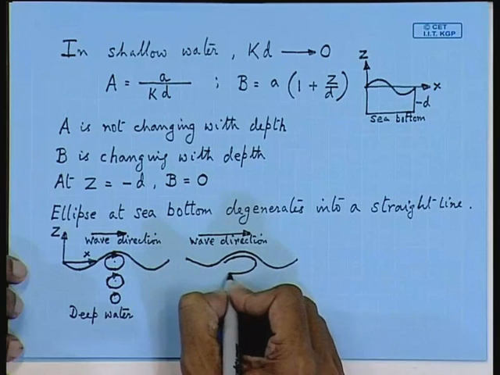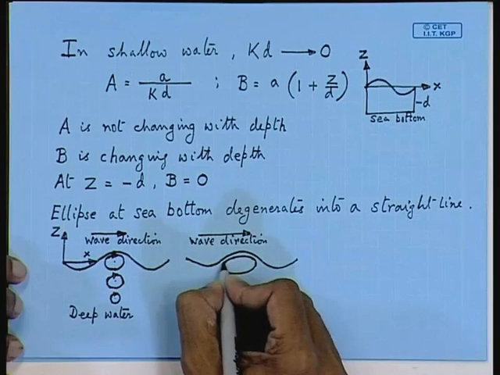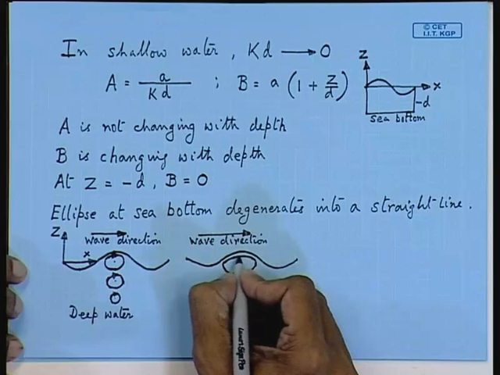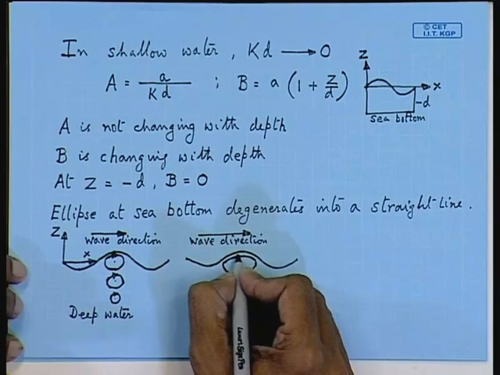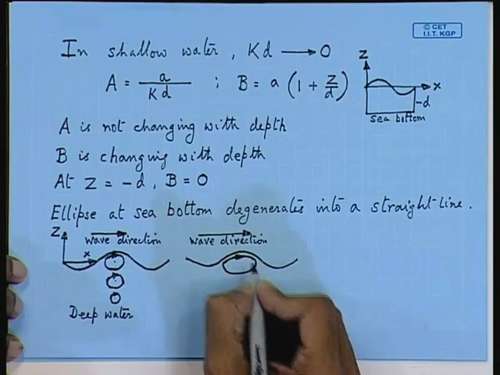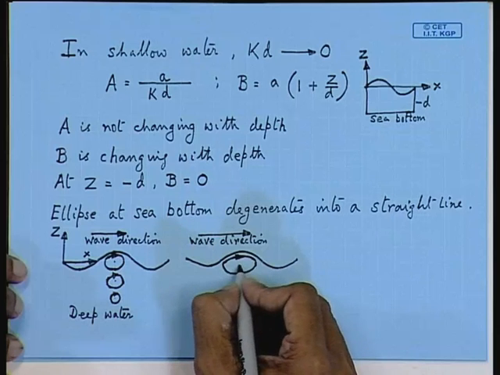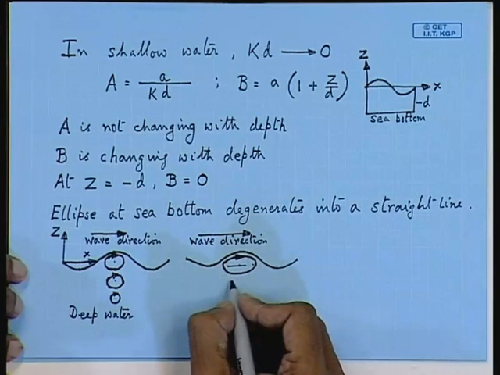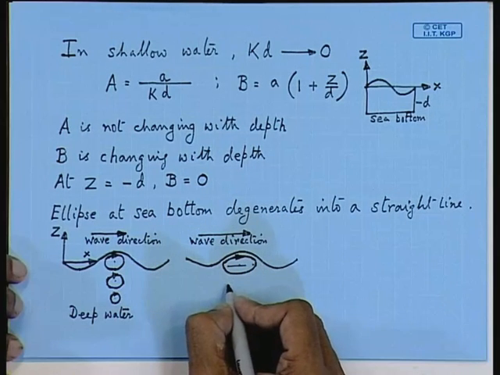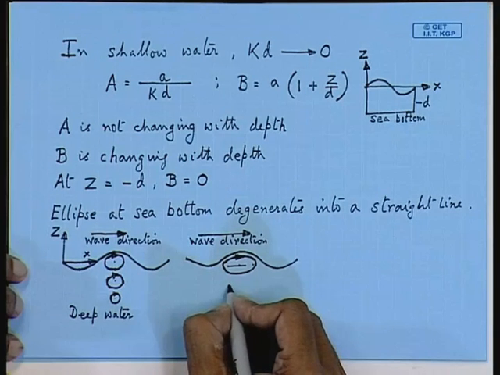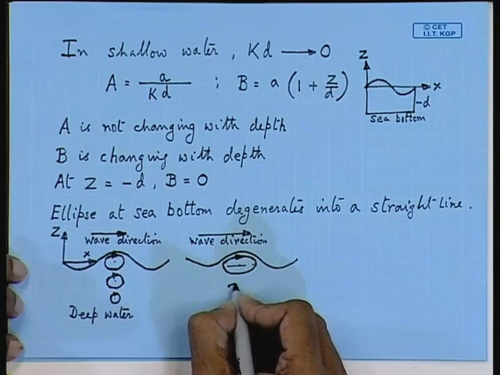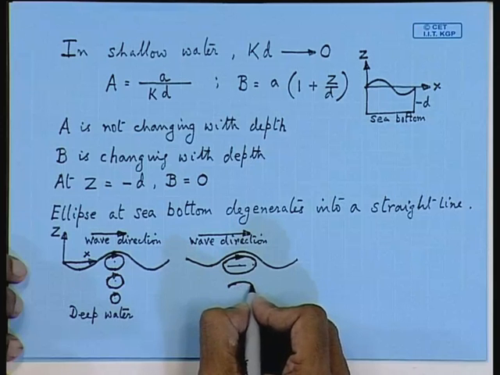We are going from deep water to a shallow water region. Here you get a distinct ellipse. Now, the size of the ellipse, that is your A and B, is going to decrease with depth.